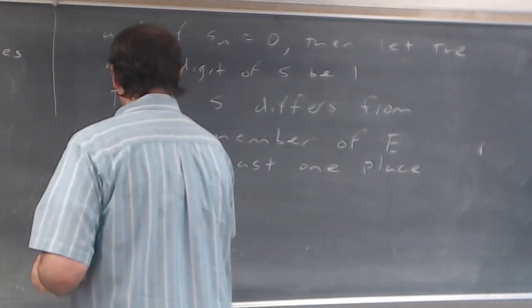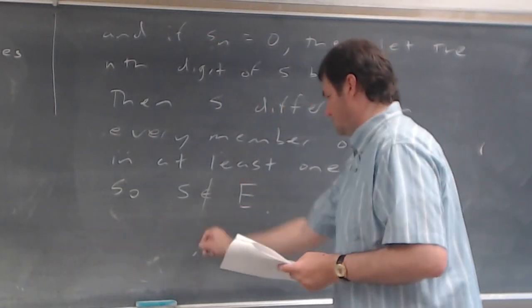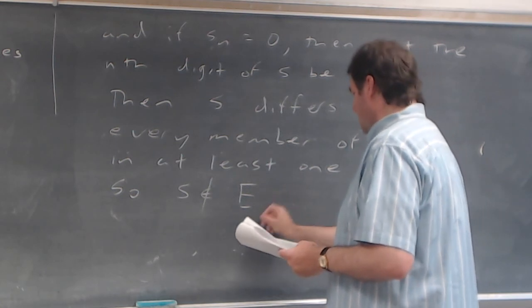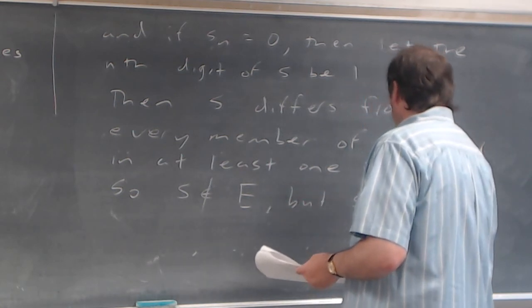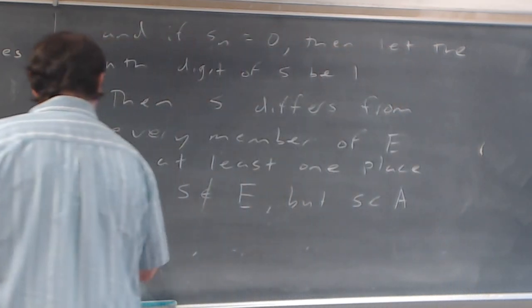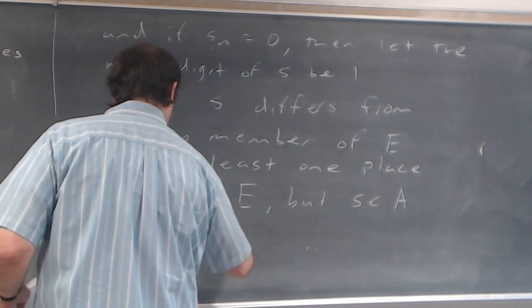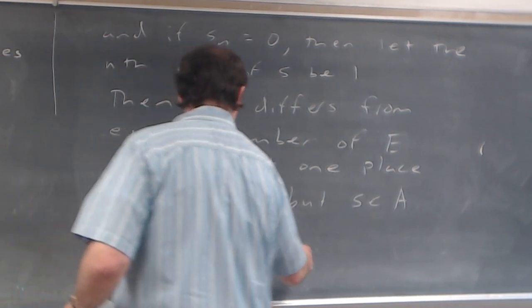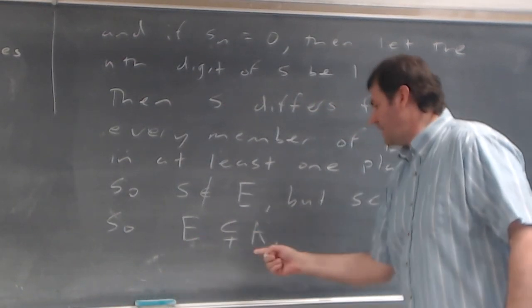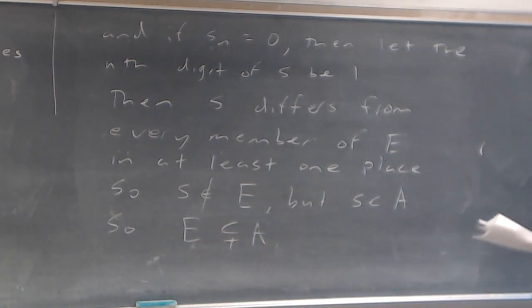So that means that S is not in E, but S is an element of A. So that means that E is a proper subset of A. Everything in E is in A, but A has something not in E.